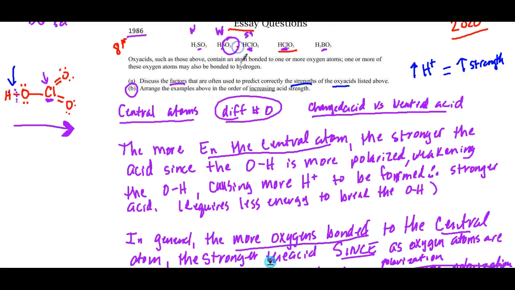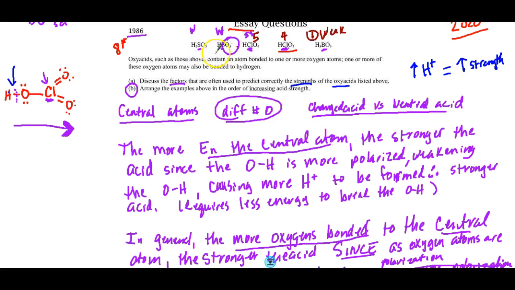Based on electronegativity, this is the weakest because boron is the least electronegative. We know that this is the strongest of the strong, so that's going to be 5. And this is going to be right next to it, just a little bit weaker, so that's 4. This is the weakest because boron is less electronegative than chlorine or sulfur. We're going to call it 1.